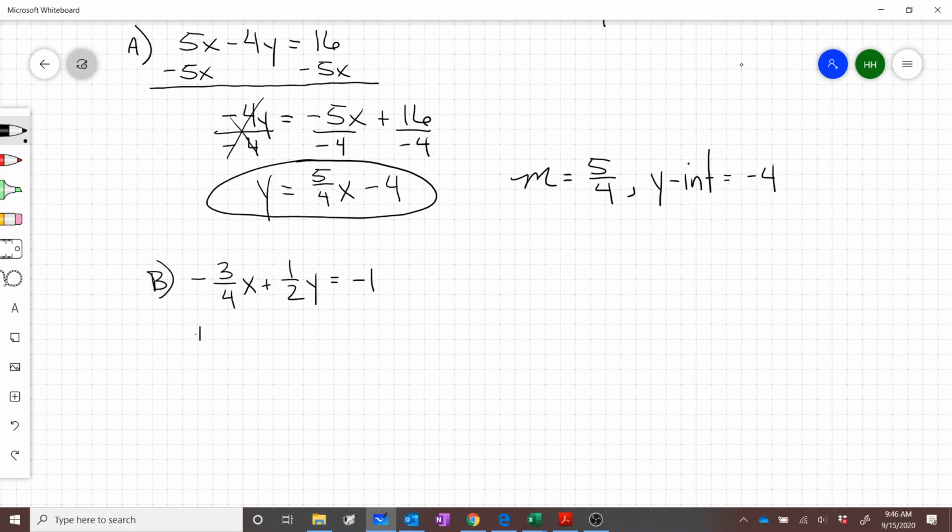So here we're going to add 3/4 x to each side. So 1/2 y is equal to 3/4 x minus 1.